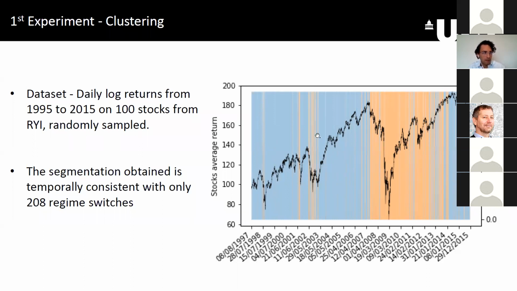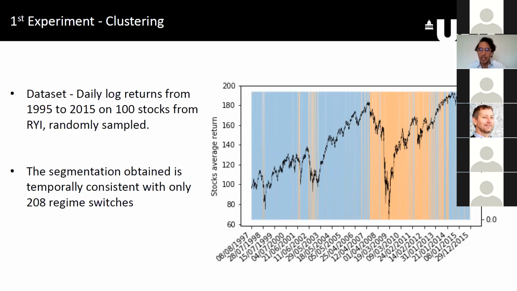You have an orange cluster that obviously corresponds to crisis times, and you have a blue cluster that corresponds to bull times, so periods where the stocks displayed positive returns. The very good thing from a practical perspective is that the clusters are very consistent. Throughout the whole sample, we only had 208 switches in regime.